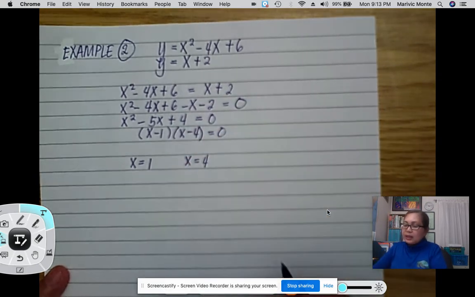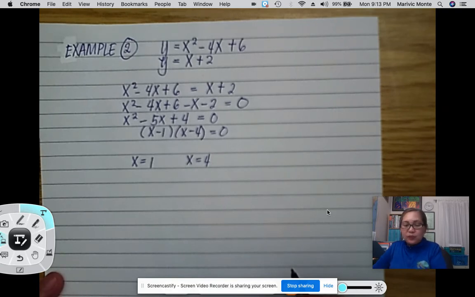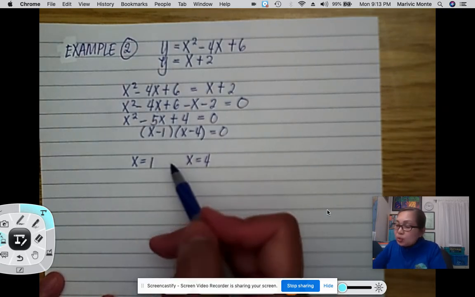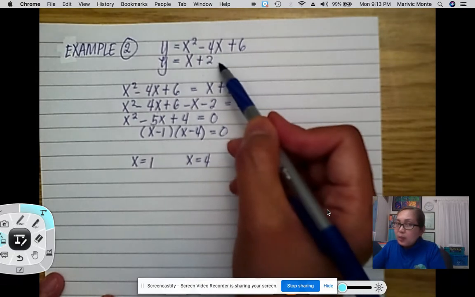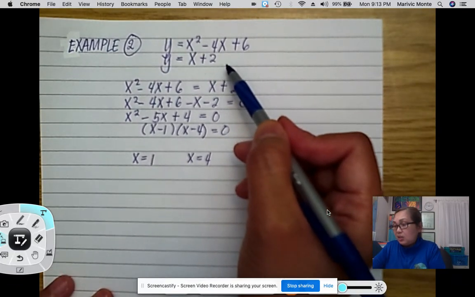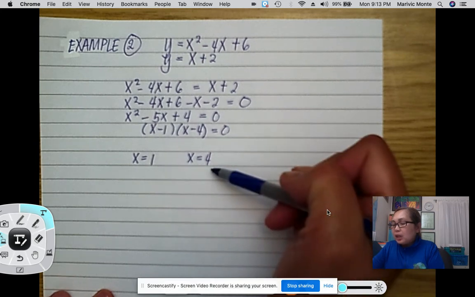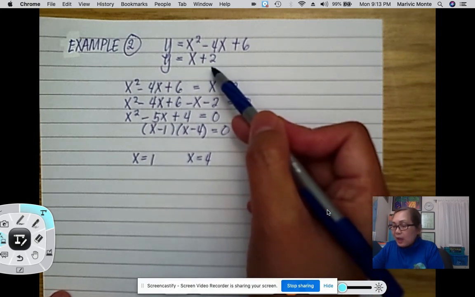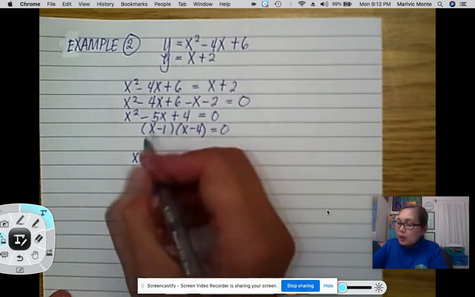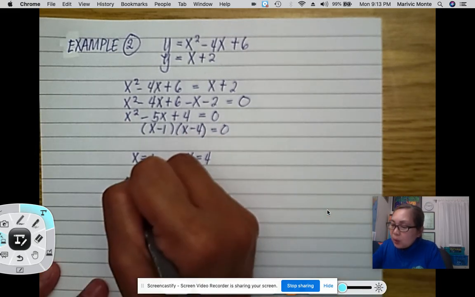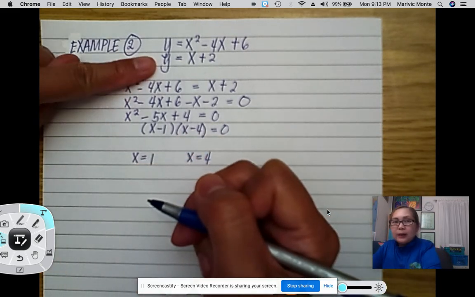And I have x equals 1 and x equals 4 that I will use to substitute again into my linear equation because it's easier to work with. I will substitute x equals 1 and x equals 4 to get the y values that I am looking for.